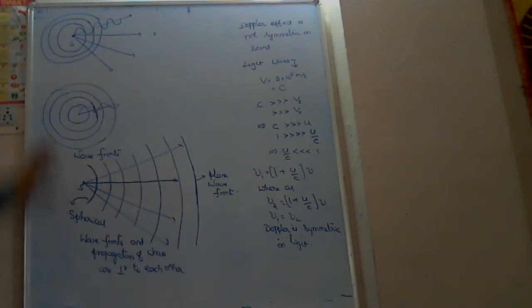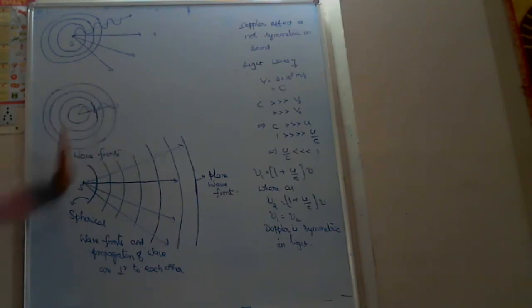So here, what do I have to remember? Number one, if the source is a point source, nearer to the source, what type of wavefronts are formed, spherical or planar? Spherical, one point.